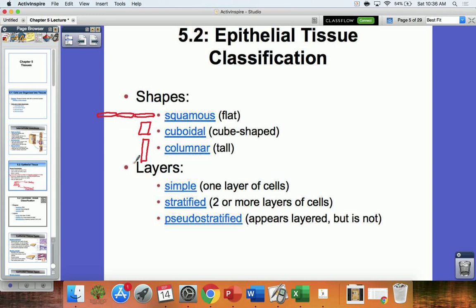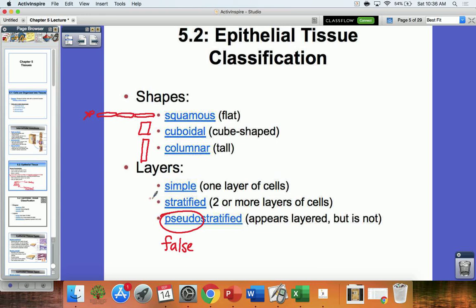And then pseudo, the prefix pseudo means false or fake. And so it looks like it's layered or it looks stratified, but it's not. And so the example of a single layer of cells will be kind of like this one, or even the one that I drew on the last slide.